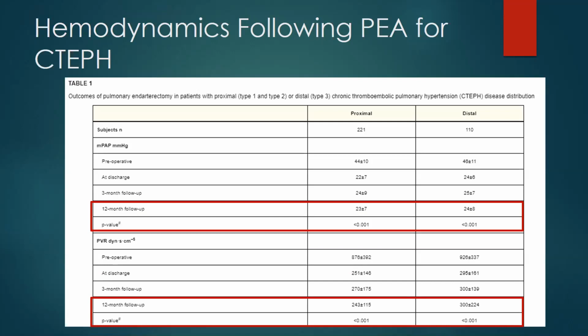Other things you'll see is that they'll have improved 6-minute walk testing, improved exercise capacity, and oftentimes when you repeat an echo, their RV function will get better and they'll have reverse remodeling. So really important, that's why we do the surgery on these people, or send them for surgery, I should say, because it's really going to change the course of their life symptom-wise and their RV dysfunction. And so it tells us that if we can take care of this, obviously the changes aren't always permanent.